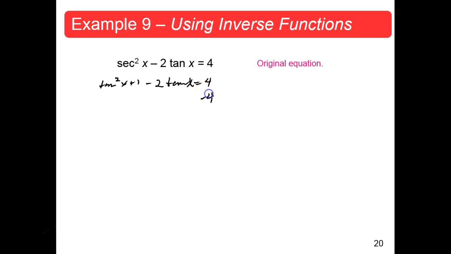Now, I would move the 1 over to the end of the problem, and make it tangent squared x minus 2 tangent x, and then that would be a minus 3, right, is equal to 0. That's what you want. For a quadratic or higher, you want everything on one side, 0 on the other side. So if you can factor, then it's doable. Okay?